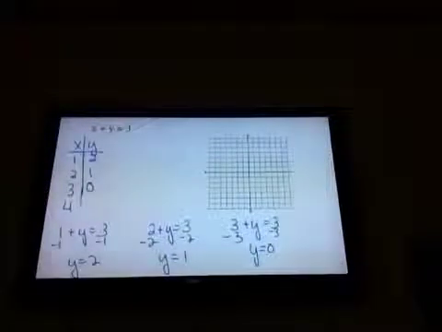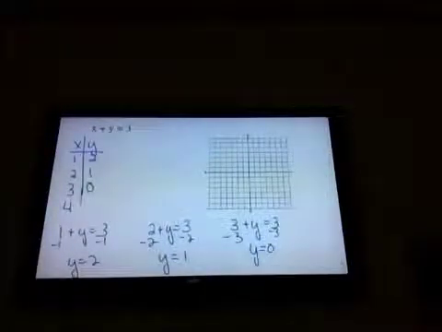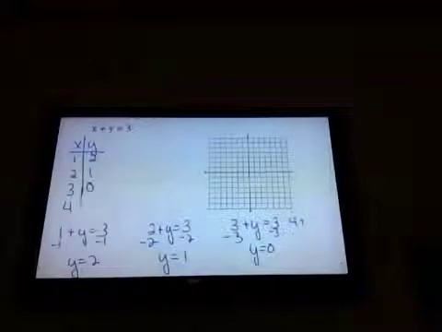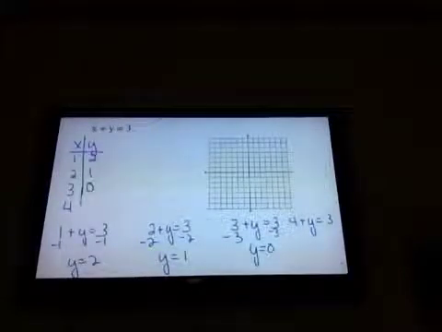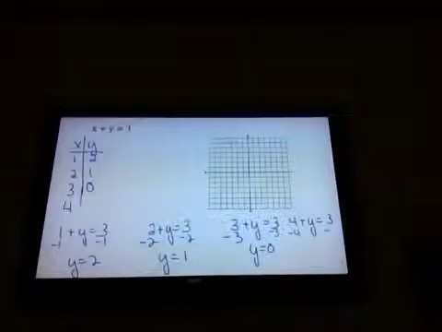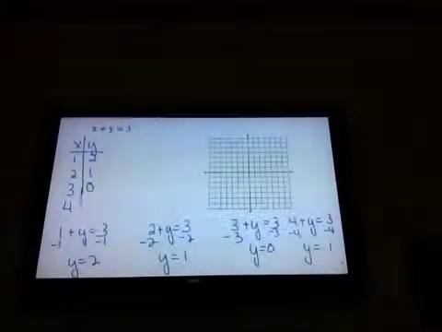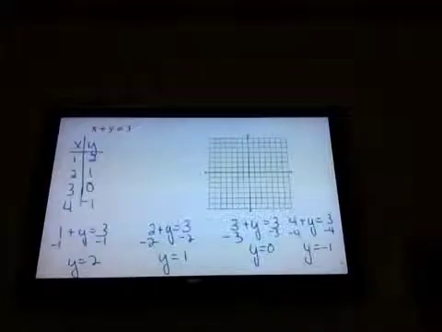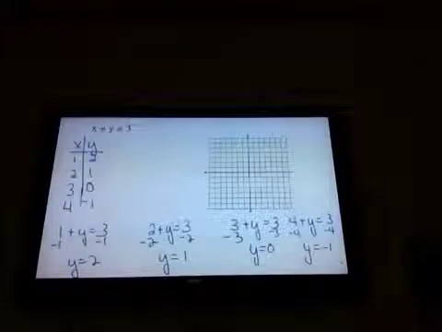And you can leave that one there. You can erase it. I don't care. So 4 plus y equals 3. Get your y alone by subtracting 4. And y equals a negative 1. I only need 3.